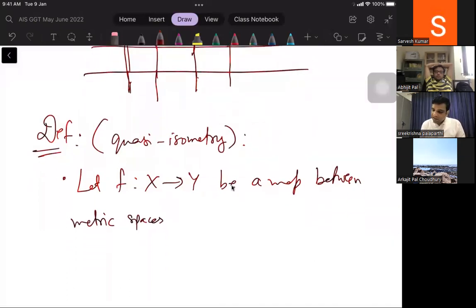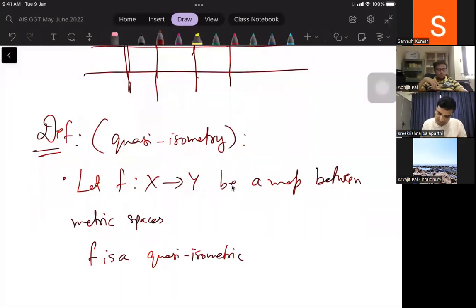Okay. And you say that f is a quasi isometric embedding. That's the name.